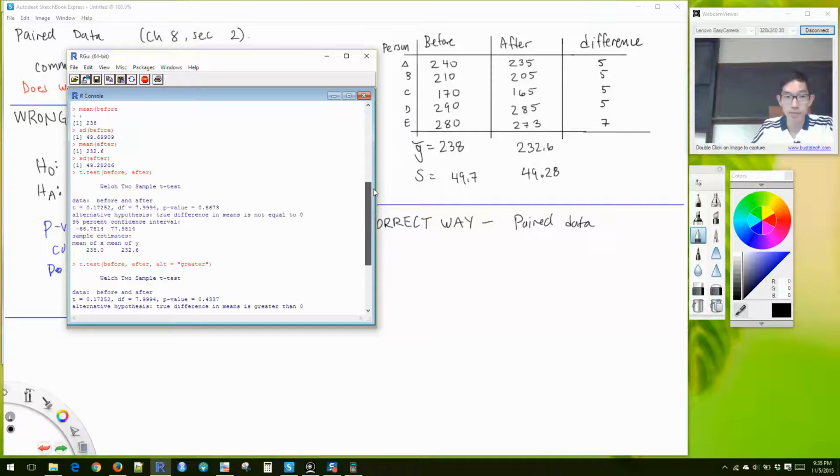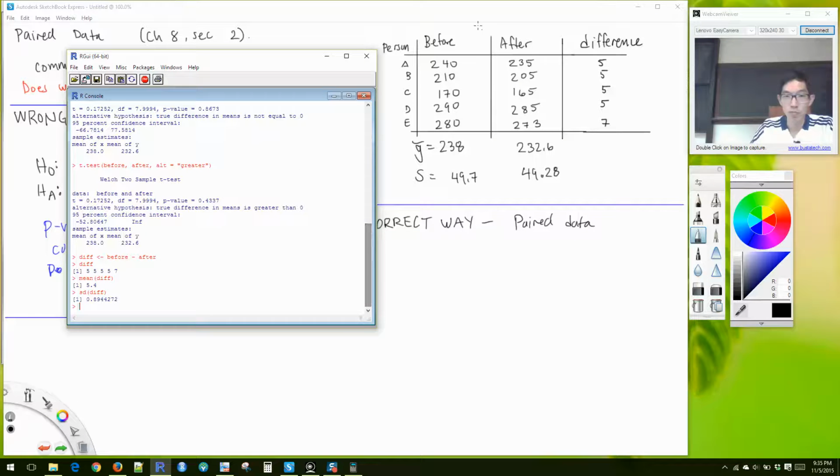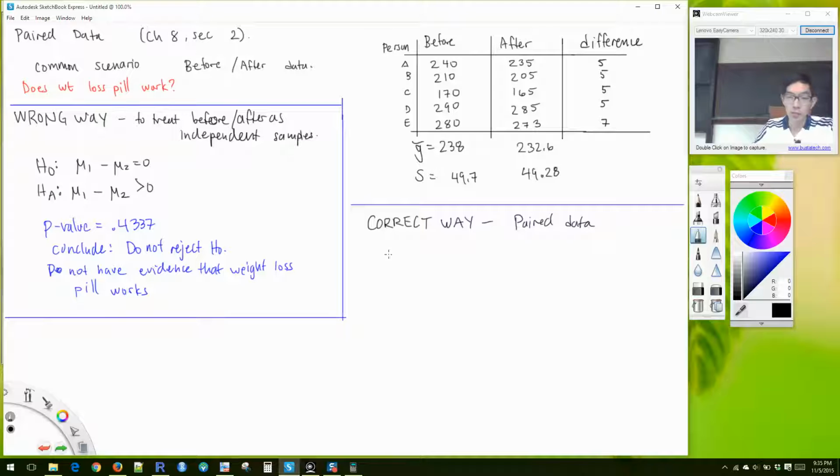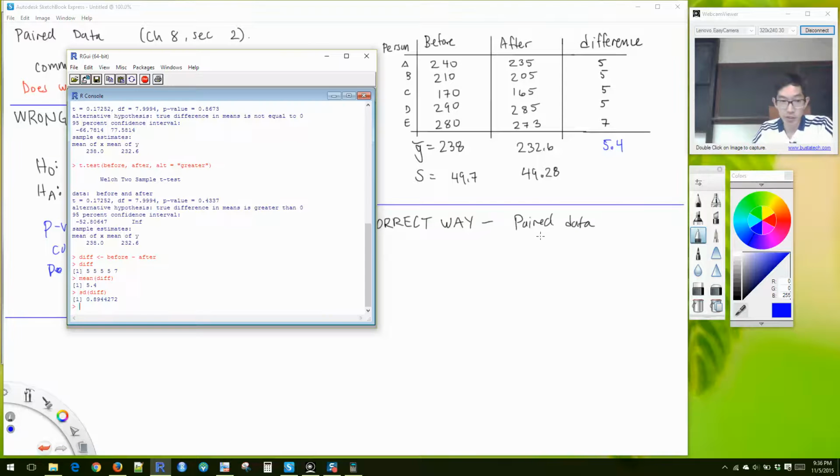So my mean is 5.4 and my standard deviation is 0.8944.